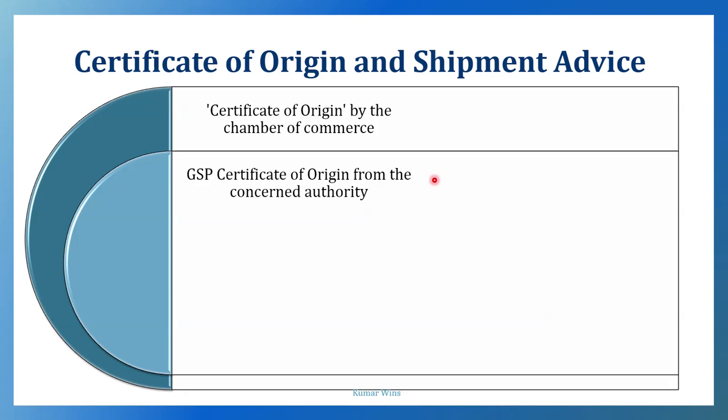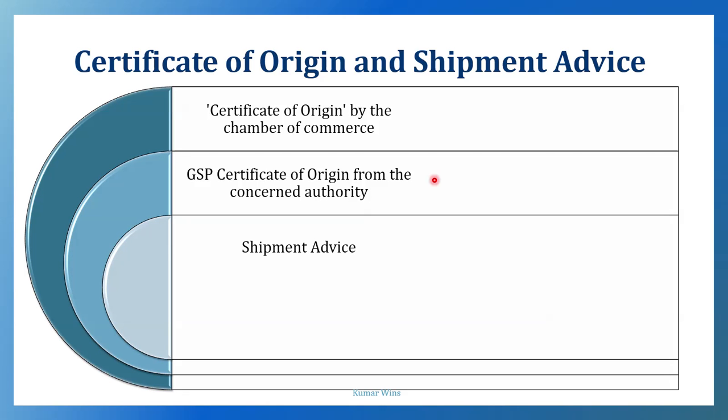So here is the GSP certificate of origin. Many of you would be interested in knowing about GSP. Just in brief, let me tell you, the GSP or the Generalized System of Preferences is a kind of scheme whereby a wide range of industrial and agricultural products originating in certain developing countries are given preferential access to the markets of the European Union.